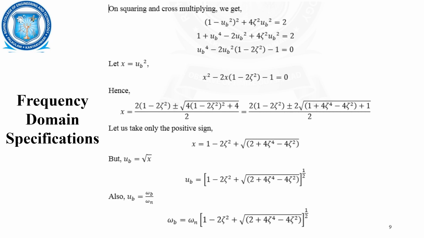So ub is equal to root x, because x is assumed to be ub square. So ub is equal to the square root of x. Already we know ub is equal to omega b divided by omega n. So omega b is equal to omega n into that value. This is what is called the bandwidth for the frequency domain.